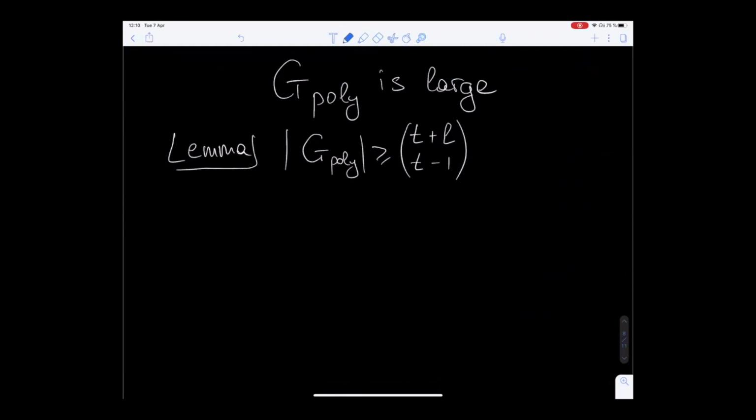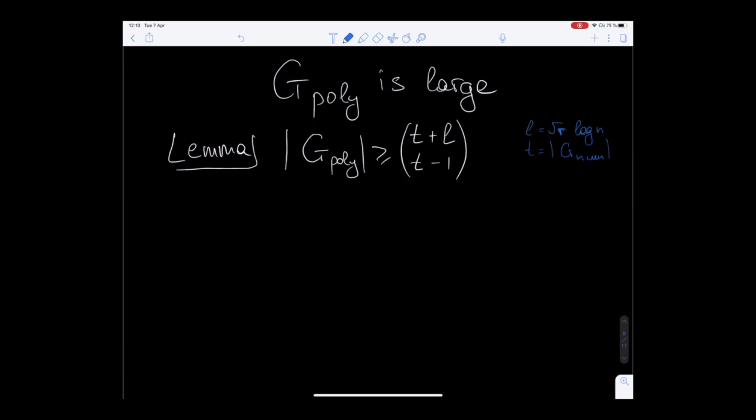A reminder: L is roughly the square root of R times log n. These are the values of A for which we tested, and T is the order of the group genome.